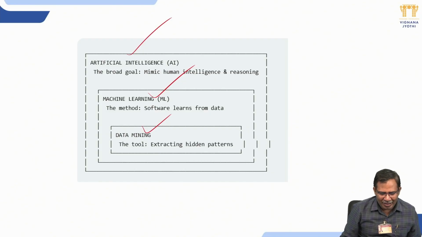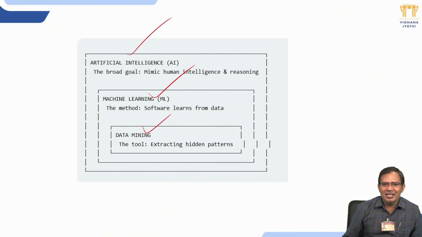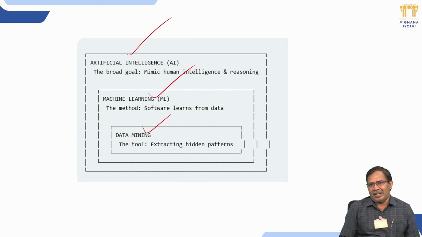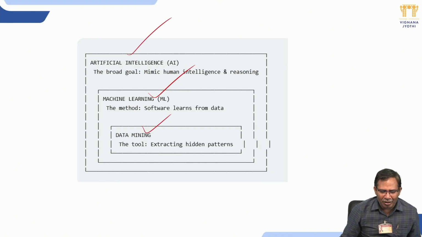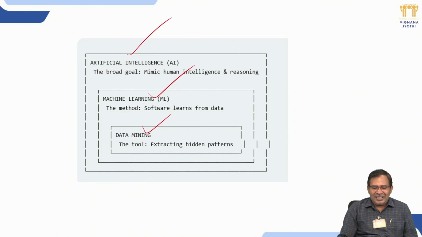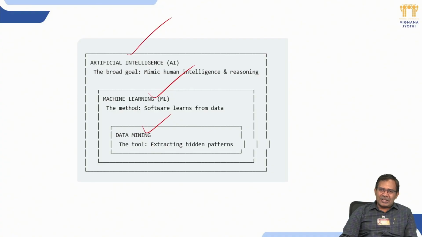So data mining is the tool for extracting hidden patterns which are meaningful to take decisions. ML is the software that learns from the data and is ready for classification, regression, and clustering, based on the exercise it has done so far and the learning that happened so far, using supervised learning, unsupervised learning, and reinforcement learning techniques. Whereas AI is a broad goal that mimics human intelligence and reasoning process, which works autonomously and gives decisions very precisely.